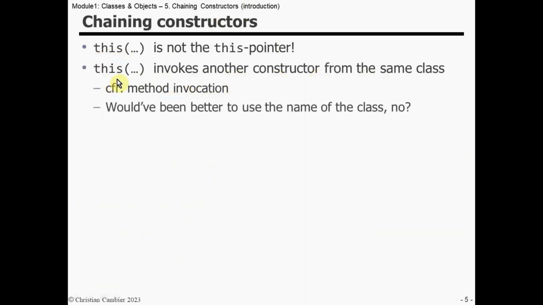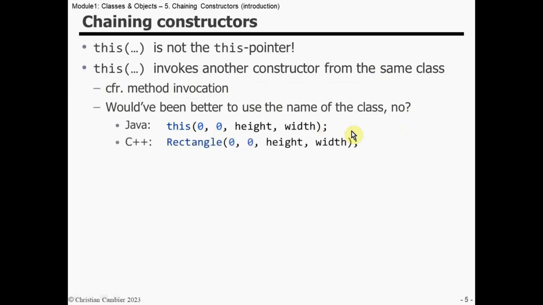Now, I find this notation a bit confusing. I think it would have been better to use the name of the class or so. So in Java, if you want to invoke this 4-parameter constructor, you use this, which refers actually to the other constructor, and then you pass 4 arguments along the way. I prefer the notation which is used in C++. There, if you want to have the same behavior, they use the name of the class.